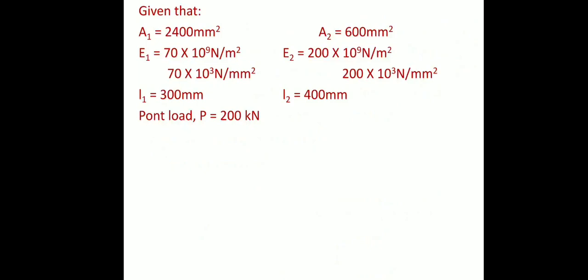So that will be 70 into 10 raised to 3 Newton per mm squared. L1 is the length of element 1, which is 300 mm. For element 2, A2 is equal to 600 mm squared, E2 is equal to 200 into 10 raised to 3 Newton per mm squared, L2 is equal to 400 mm, and the point load P is equal to 200 kilonewton, applied at node 2.